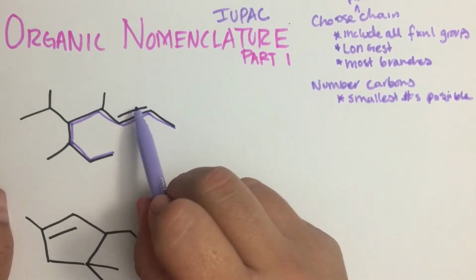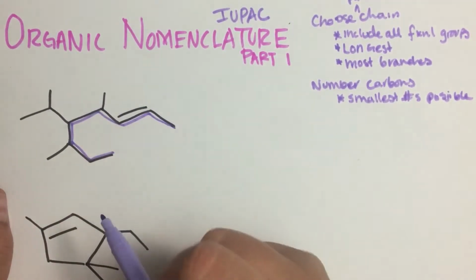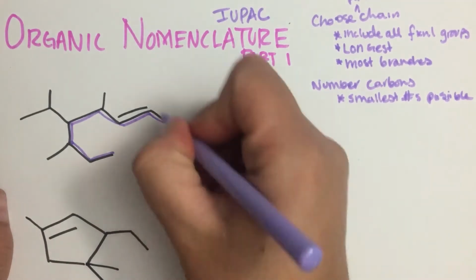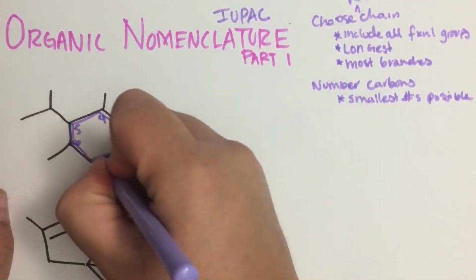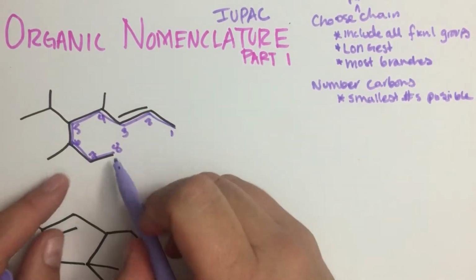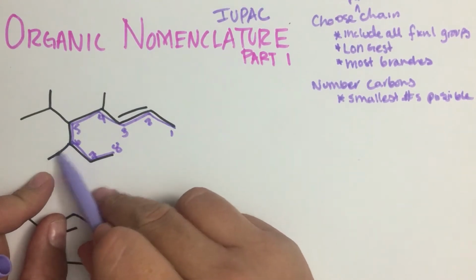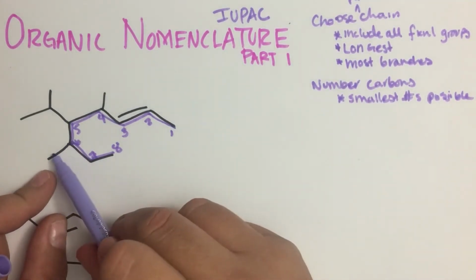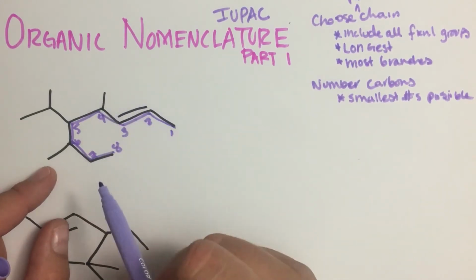And since the double bond is more important than the other ramifications, then we're going to pick that one. Okay, so 1 2 3 4 5 6 7 8. If we had started on this side, the first thing we would have encountered would be this methyl group, which would be on carbon number 3, instead of a 2, which is the double bond right here.